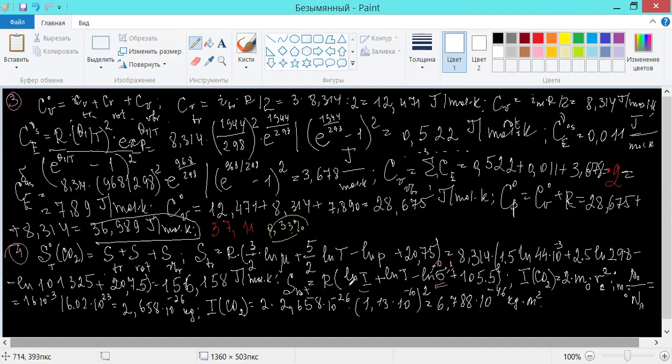And now we are ready to complete the rotational entropy component.